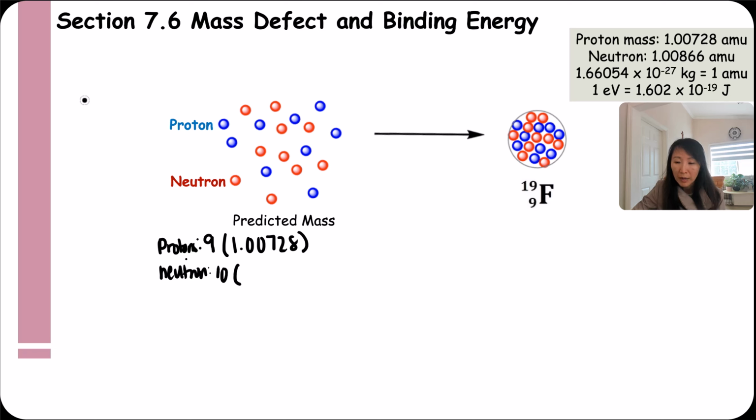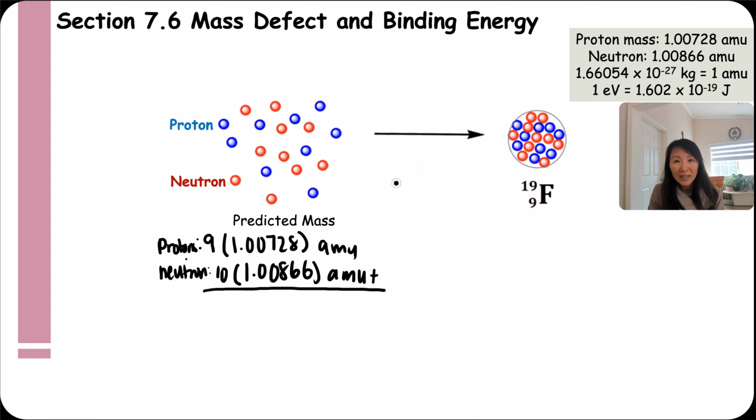We can multiply that by 1.00866 AMU. So these are all in AMU. And I can take these multiplications and sum them up. Where am I getting these two values? I'm getting them from how much each proton weighs and how much each neutron weighs.